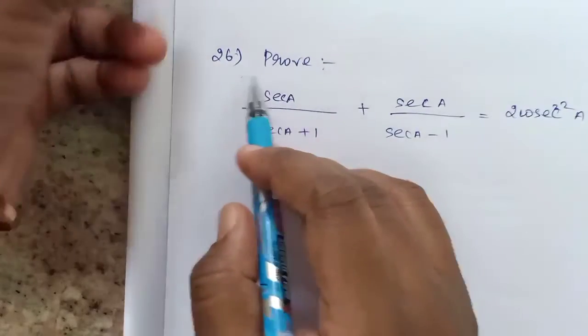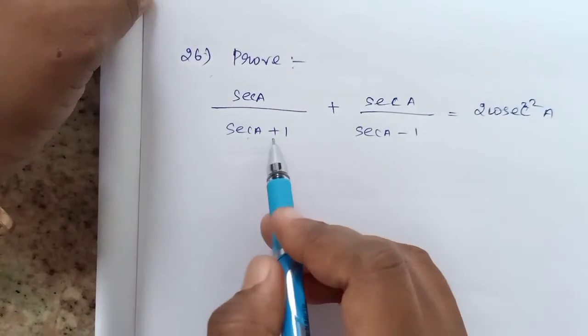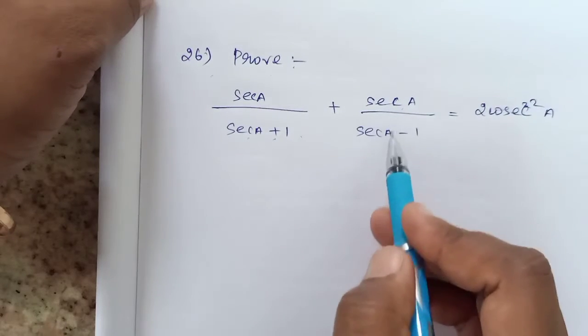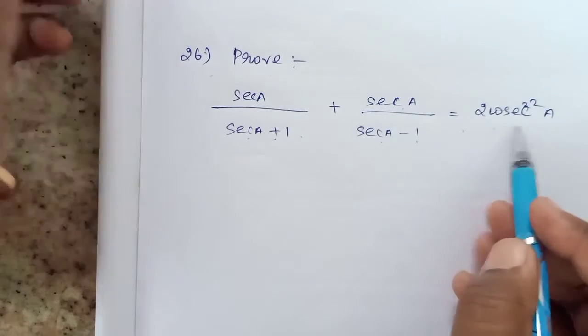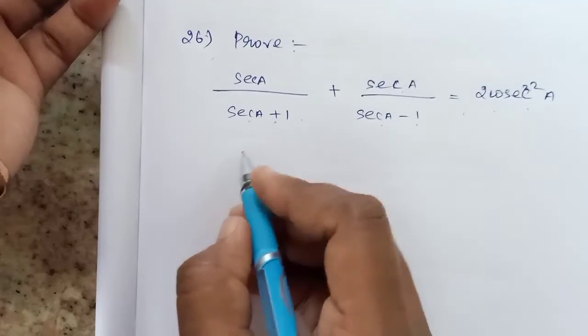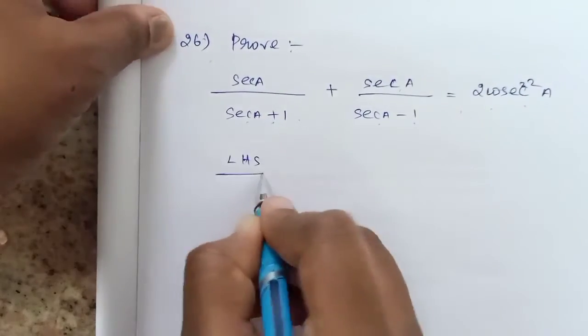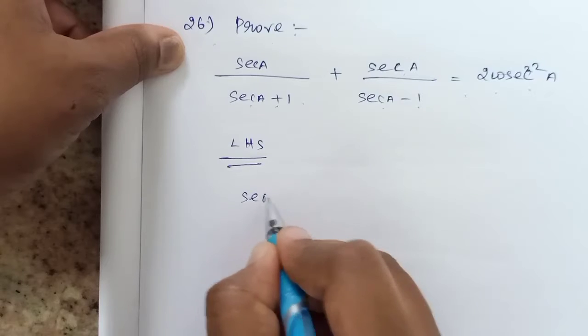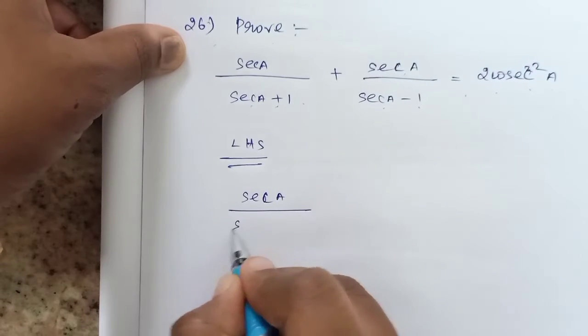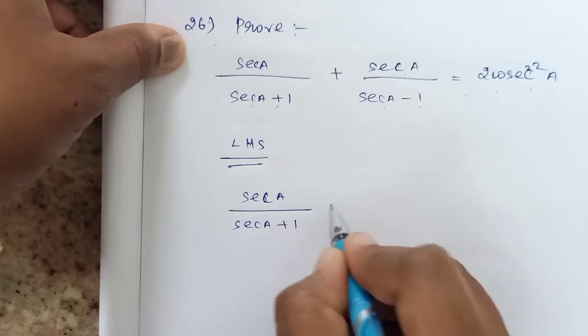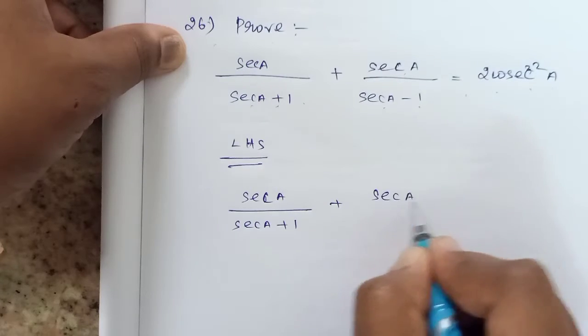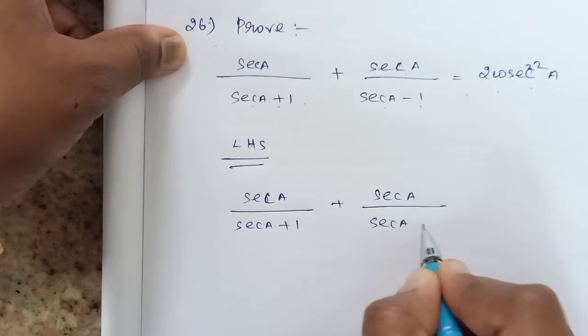Next, the 26th sum. Prove secant A by secant A plus 1 plus secant A by secant A minus 1 equal to 2 cosecant square A. We can take LHS: secant A by secant A plus 1 plus secant A by secant A minus 1.